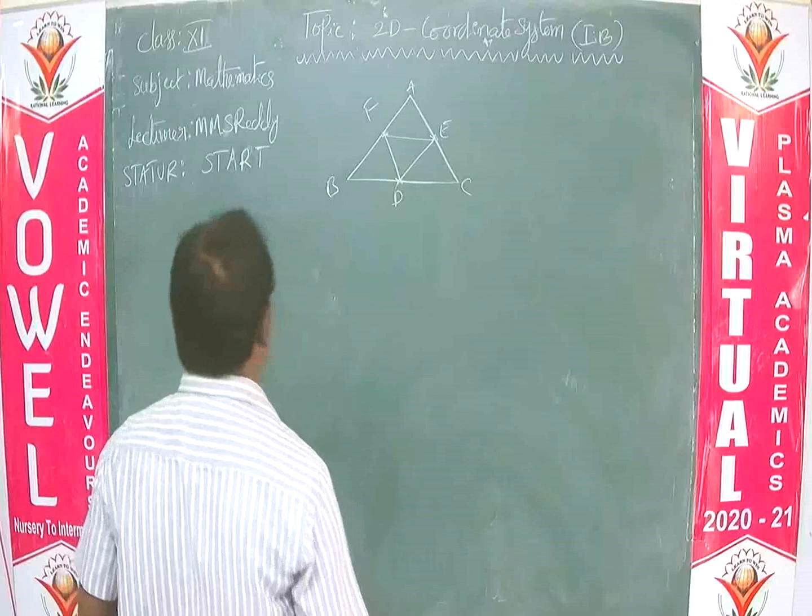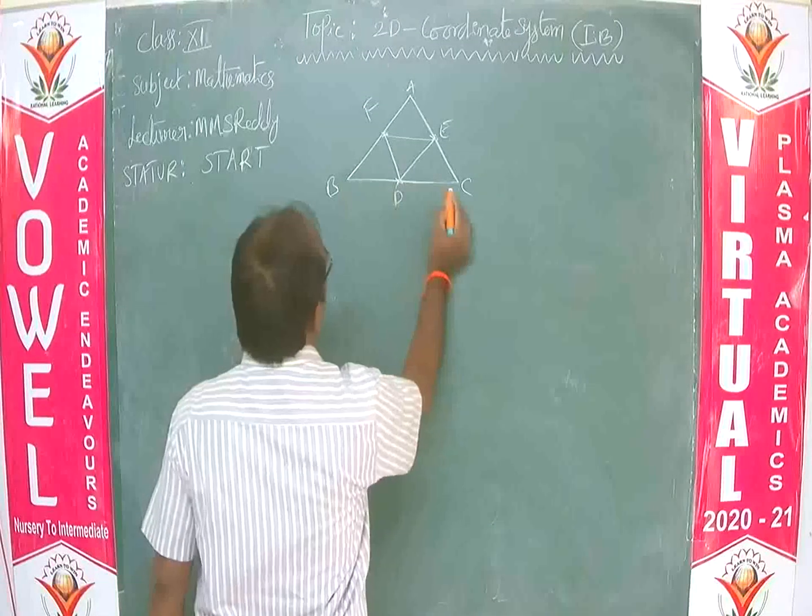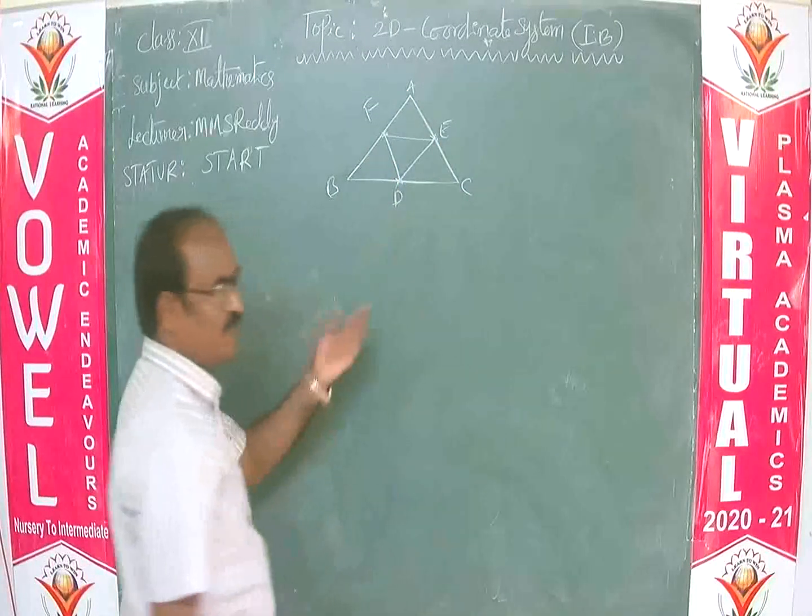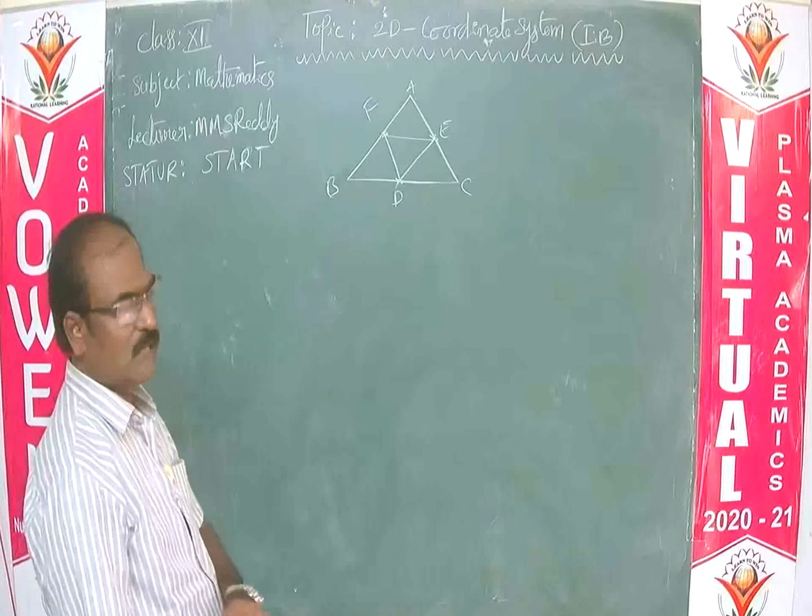Here the concept is, when the midpoints of BC, CA, AB are given, we can find the vertices of the triangle.